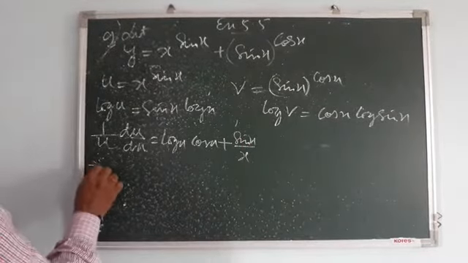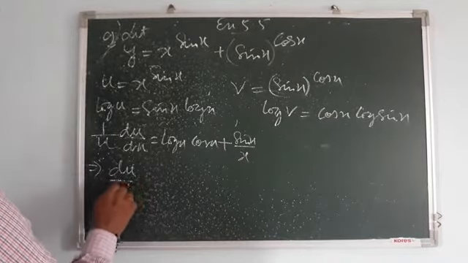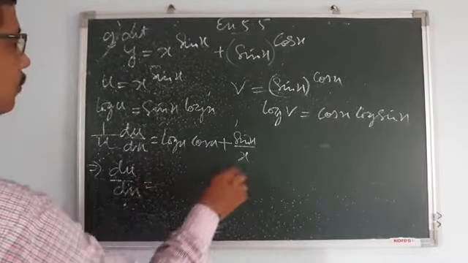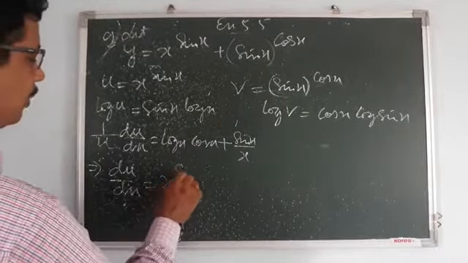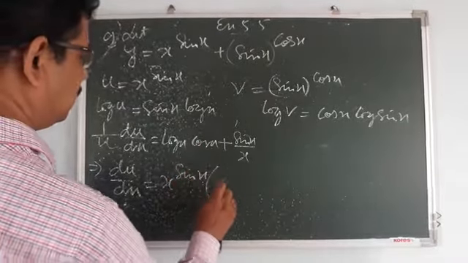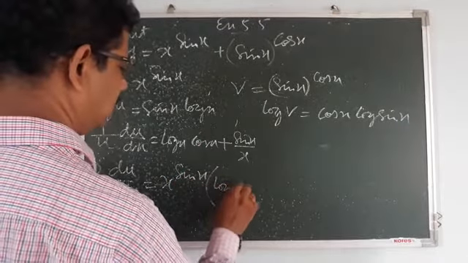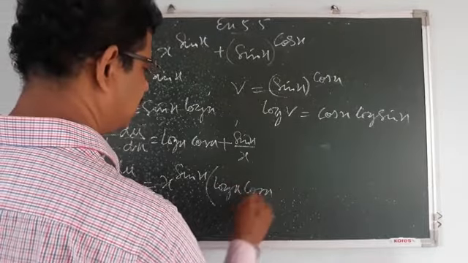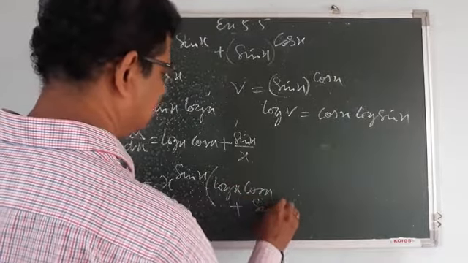So this gives du dx is what? u into this term, that is x to the power sin x into log x cos x plus sin x by x.